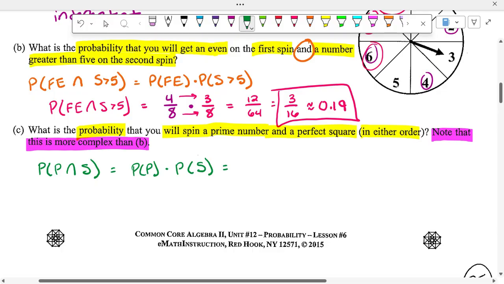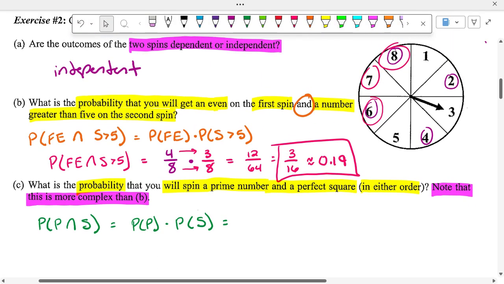So what's the probability of getting a prime number? How many numbers on this spinner are prime, meaning they can only be divided by 1 and themselves? So how many? Not quite. What are the numbers that are prime on here?